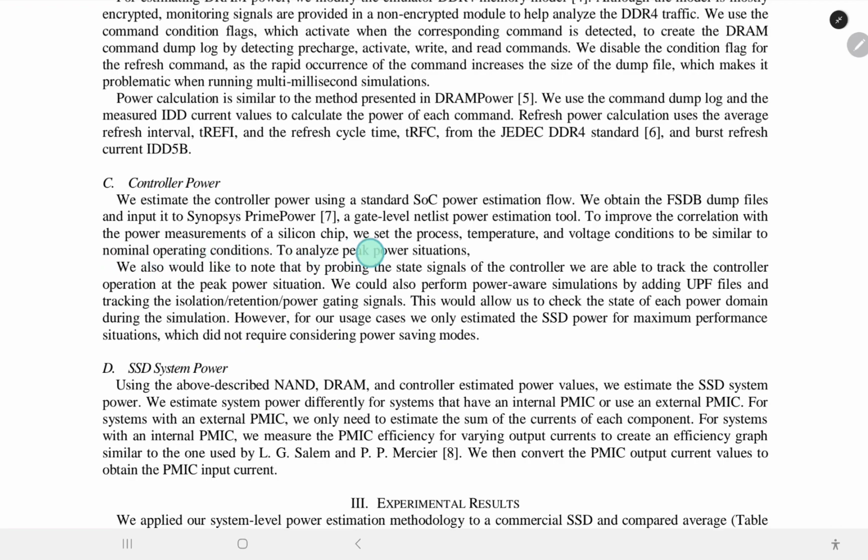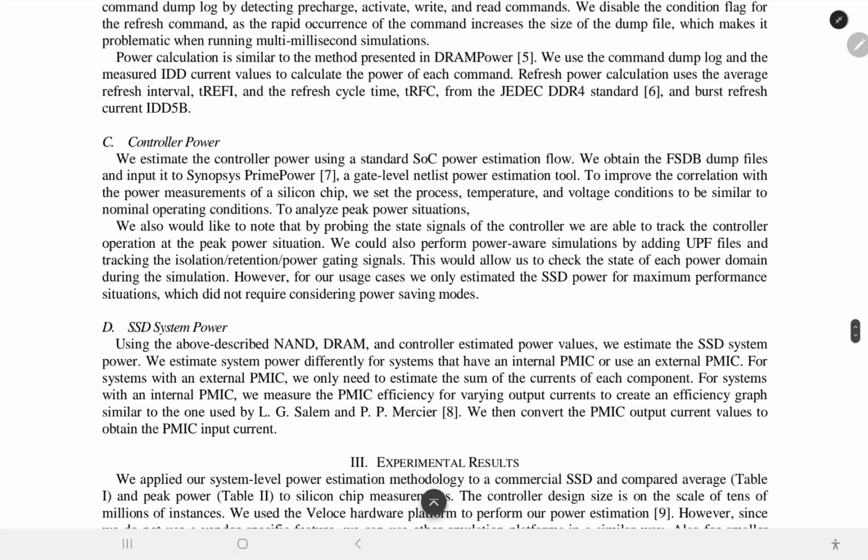To analyze the peak power situation, we would like to note that by probing the state of signals of the controller, we are able to track the controller operation in a peak power situation. We could also perform power-aware simulation by adding UPF files and tracking the isolation and retention power gating signals.